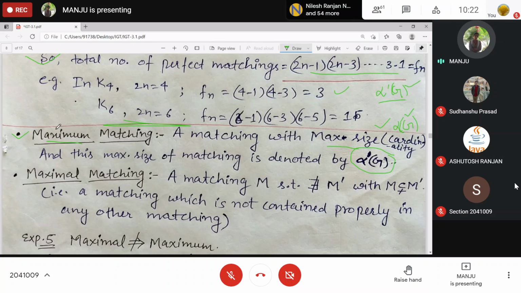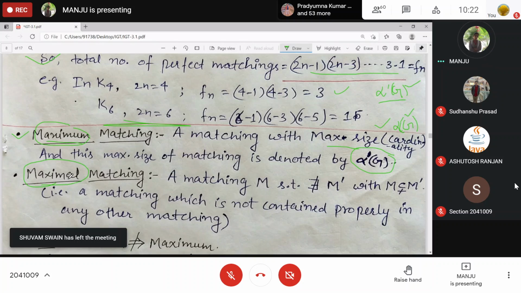There is one word, maximum, and another, maximal. What do you understand by these two words? You have used maximality many times.